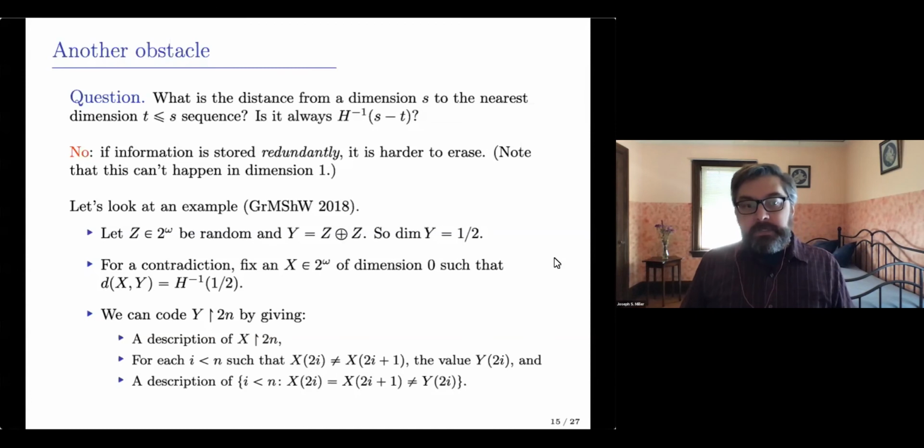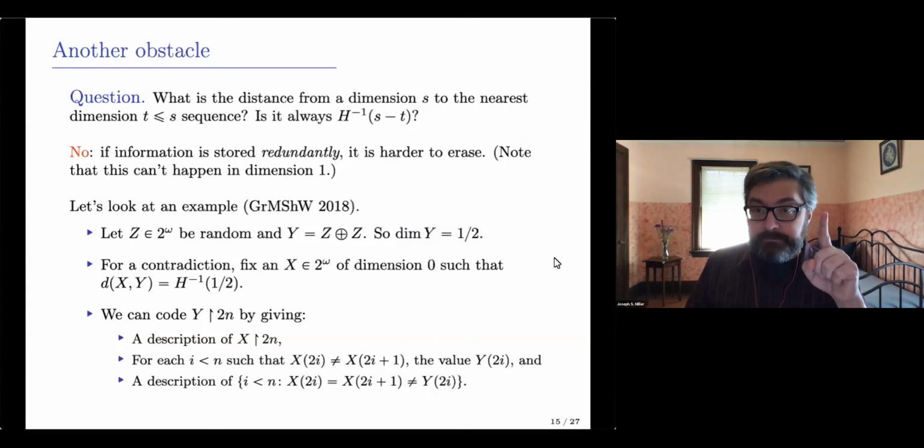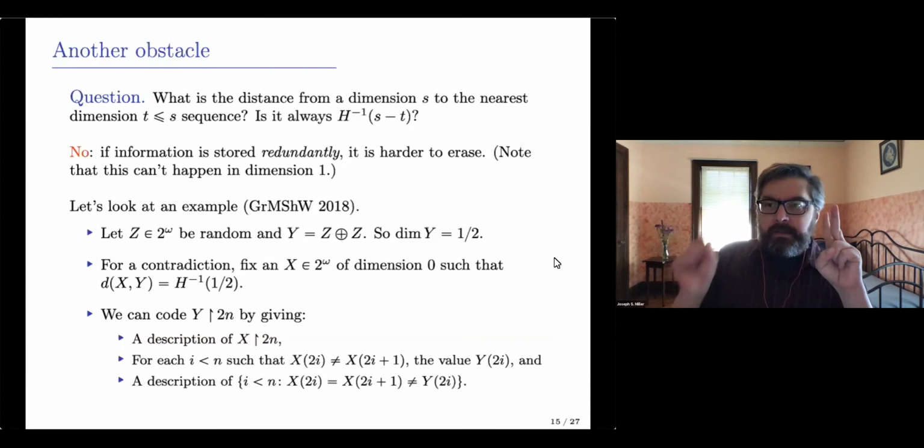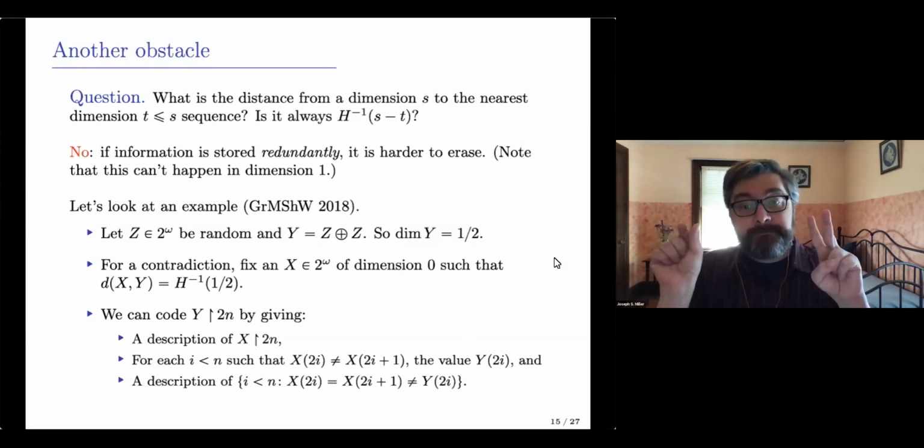Okay, so we can code y up to 2n by giving 1, a description of x up to 2n, 2, every time you see x of 2i not equal to x of 2i plus 1, you know one of those bits got changed. So give me the value of y of 2i. Tell me the correct value. 3.